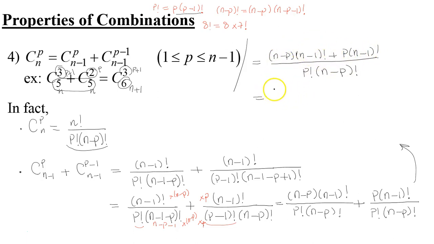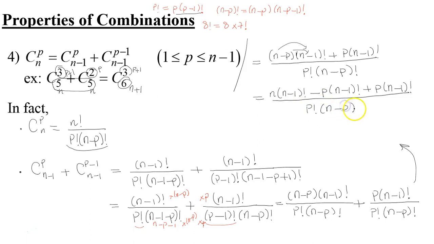So expanding the terms at the numerator, we'd expand the n into n minus 1 and the negative p into n minus 1 factorial. So that's n into n minus 1 factorial minus p into n minus 1 factorial plus p into n minus 1 factorial divided by p factorial into n minus p factorial. Now these two terms cancel out.